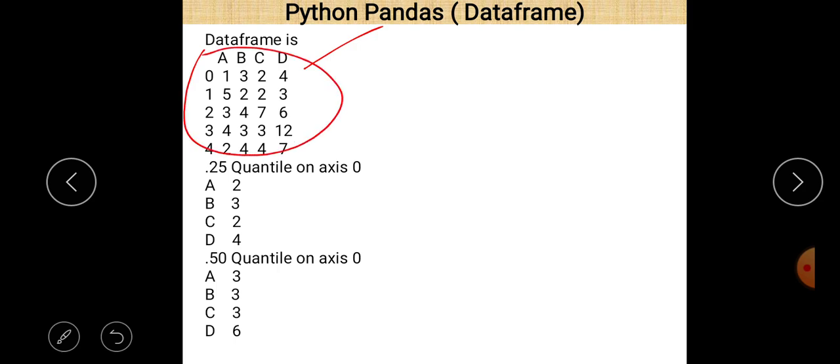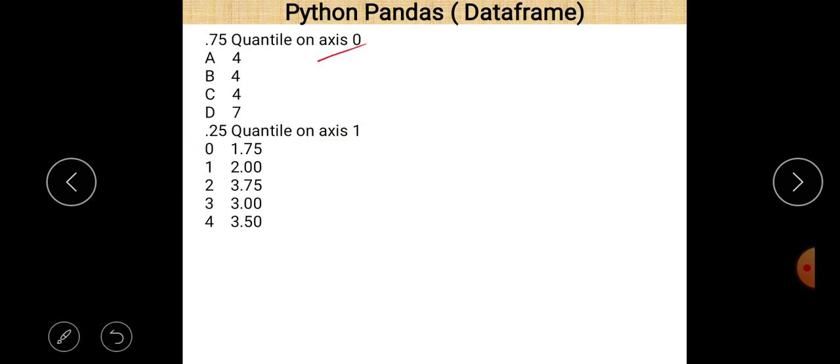A, B, C, D are the names of the columns here. Then the 0.25 quantile along axis 0. When we calculate along axis 0, it means we calculate the lower quantile among the different values of A. Then similarly for the quantile along axis 0, B will be calculated and C will be calculated, and for 0.75 also.